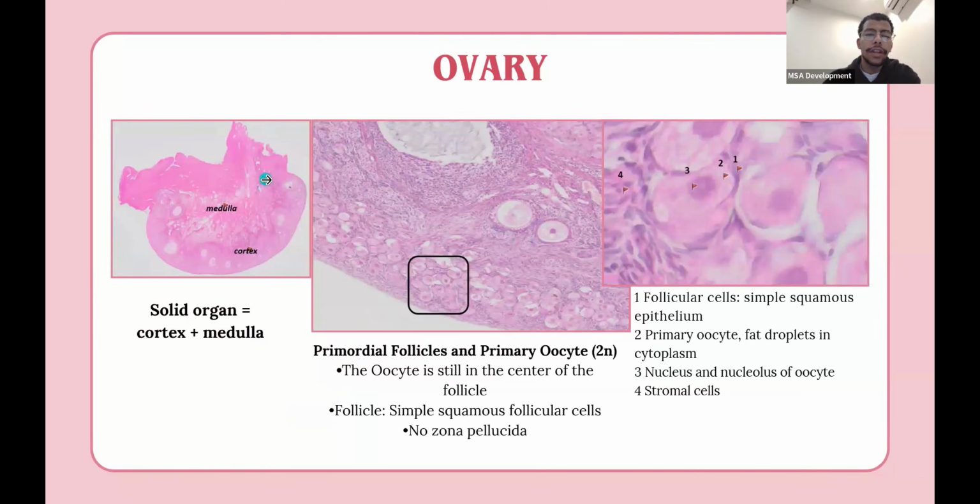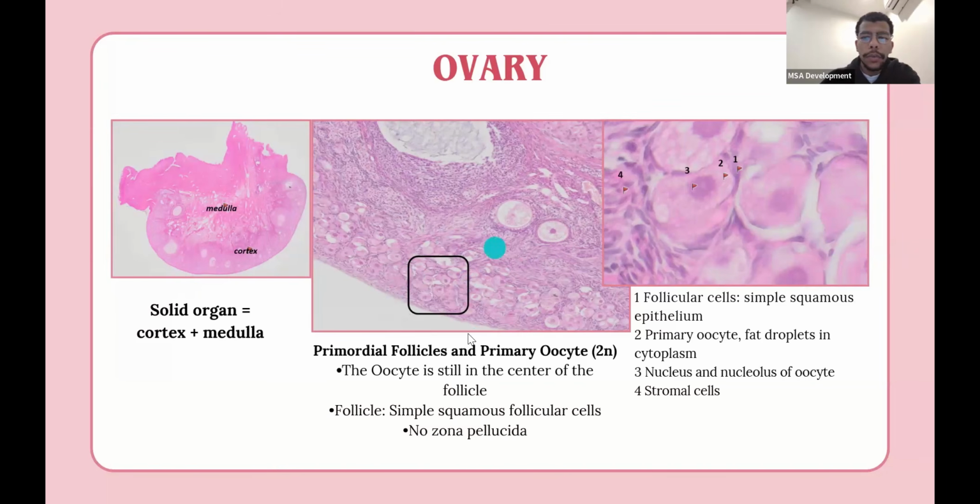Now this is what a human ovary looks like. We know from previous blocks that any solid organ has a cortex and a medulla. Just like the kidney, just like the brain, they all have a cortex and a medulla. So the ovary is a solid organ, so it has medulla here in the middle and then cortex. Can you guys see in the cortex these bubbles or circles? This is basically oogenesis taking place. So here we have primordial follicles, which is the very first stage.